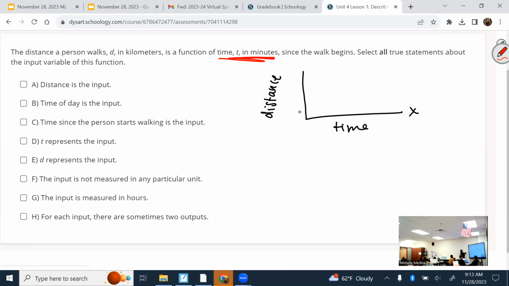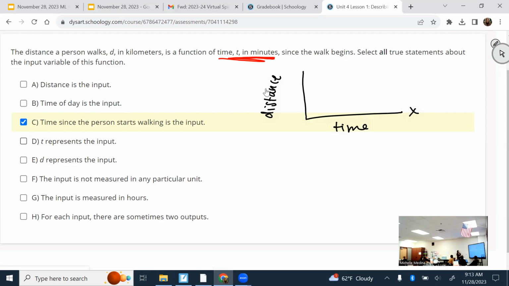So maybe hold off on that one. What about time since the person started walking is the input? You think no? Yeah, it says function of time in minutes since the walk begins. So I would pick this one, time since the person started walking.